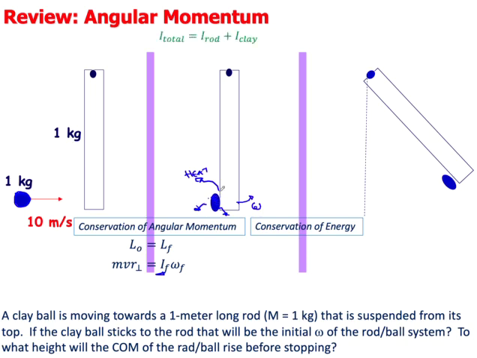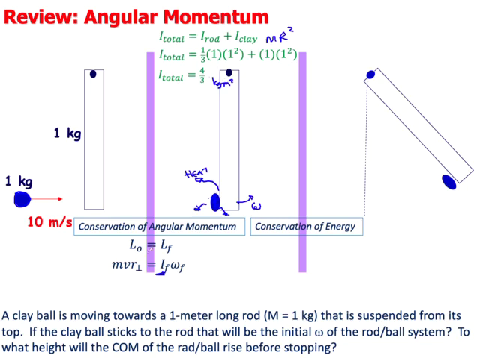So the total rotational inertia of this thing is the rotational inertia of the rod plus that of the clay. The rod is 1/3 m l squared, plus, for the clay, I'm just using m r squared, the basic definition, treating it as a point mass. Its mass is 1, and it's 1 meter from the pivot point. So the rotational inertia is 4/3, kilogram meter squared.